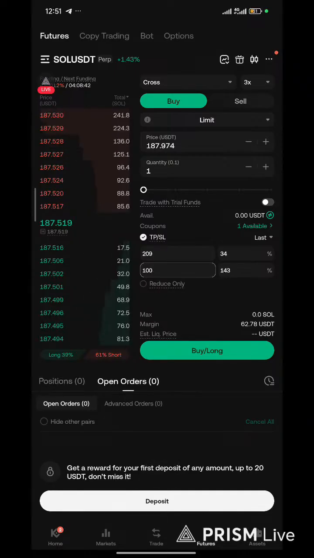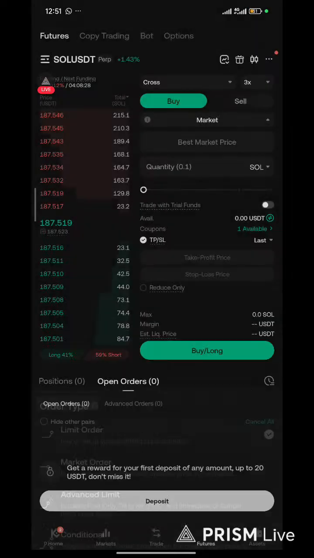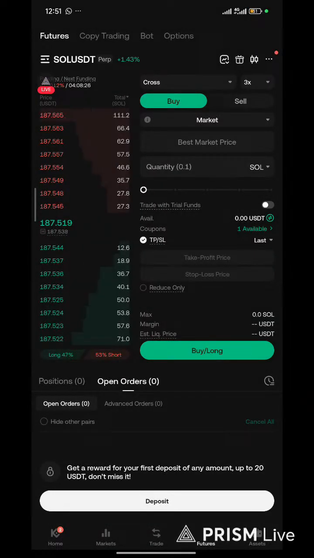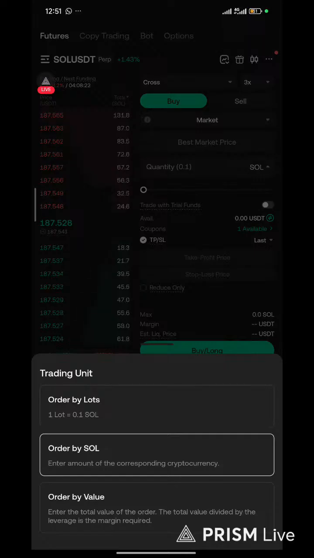But for example, I want to trade currently at the market price. I say sell from now, just sell, or buy from now. And I click the limit, click market order. It's going to show me the market order.